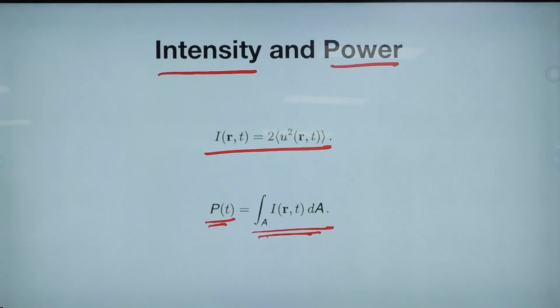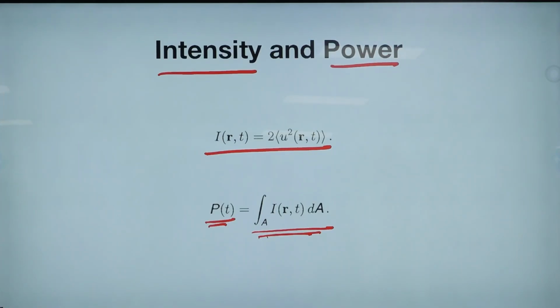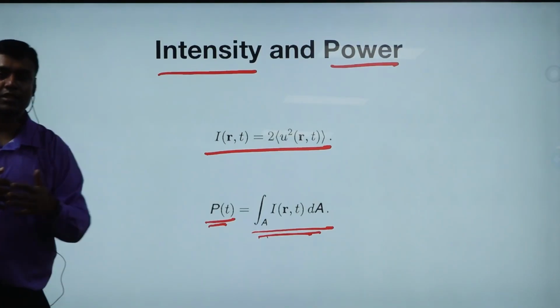So basically the wave function has some properties in space. It's traveling in space, and you cannot directly measure the wave function per se. All you can do is measure the intensity. There are several ways of thinking about intensity. Let's take the example of electromagnetic waves. There is an electric field and a magnetic field which are traveling in space.